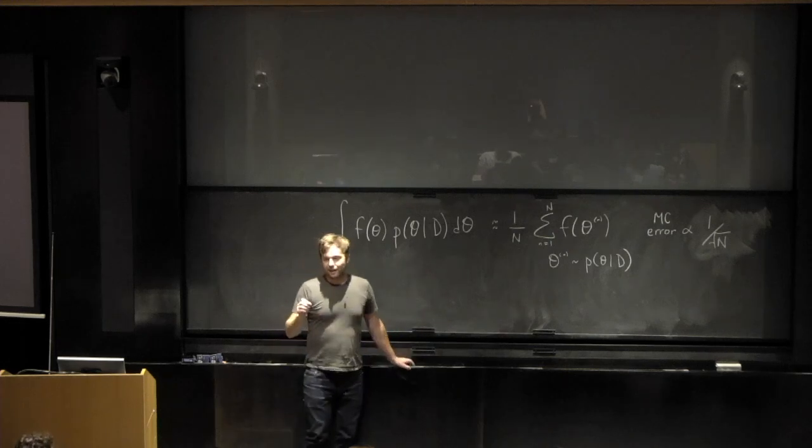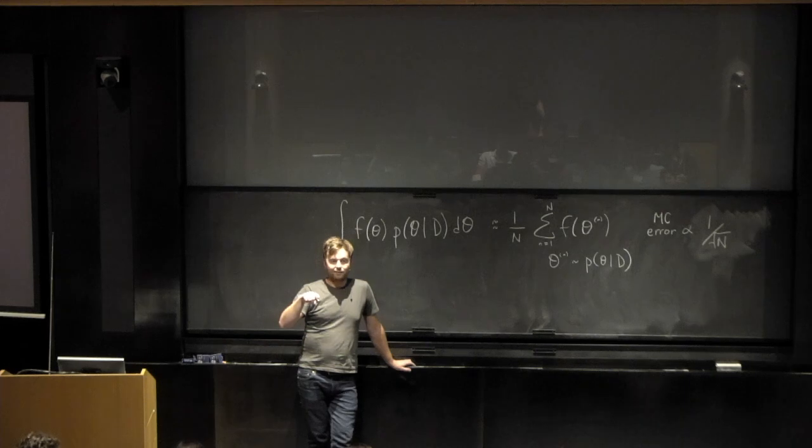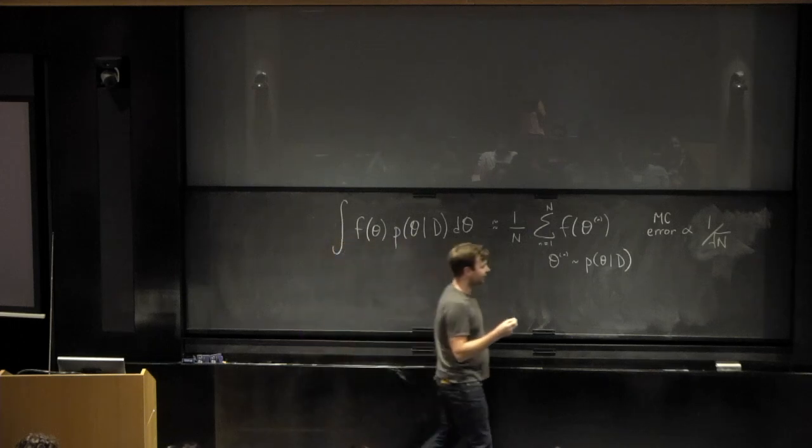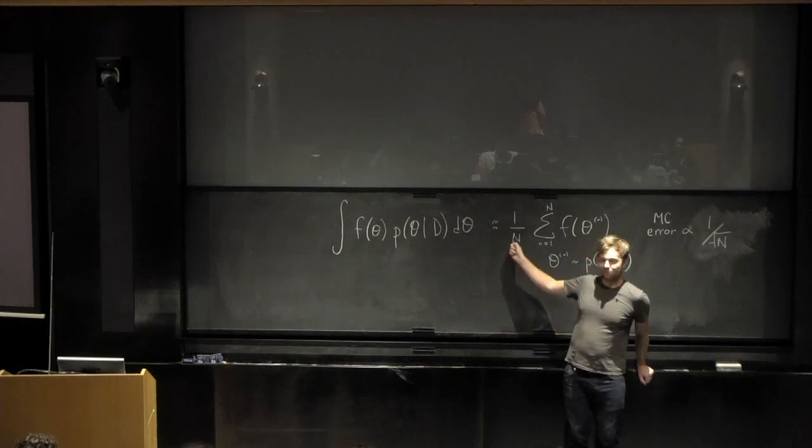Now, something that you noticed was that we were making those autocorrelation plots earlier, and neighboring points in your Markov chain weren't independent. And the reason why we were looking at those plots was because the n that goes in here isn't actually the same n as this one right here.